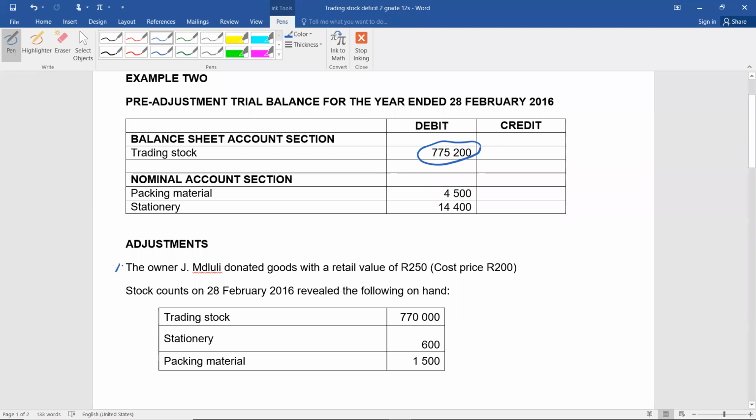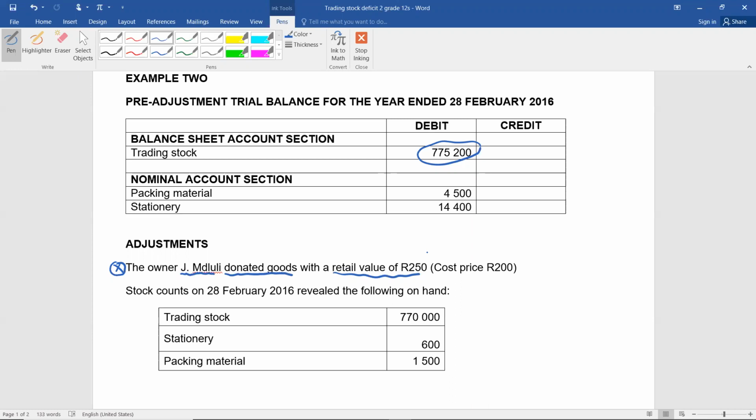Here is the adjustment. It says Jane Bruley, who is the owner, donated goods with a retail value of 250. The unfortunate part for you guys is that I remember everything that I've said to you and everything we did together.